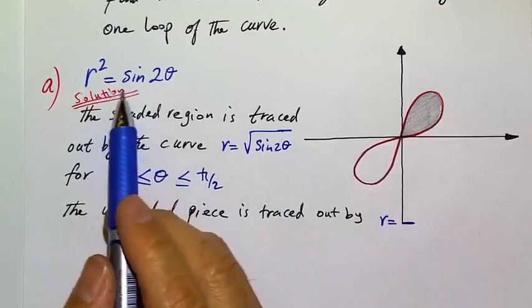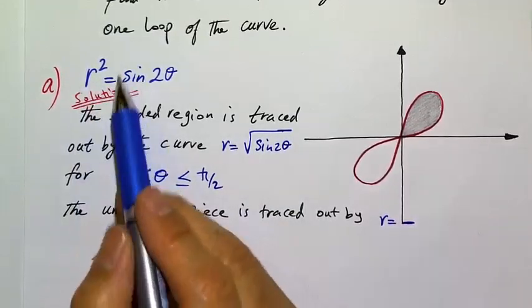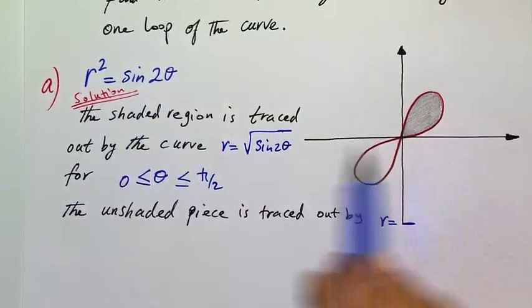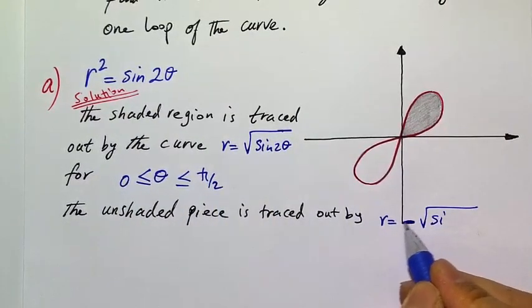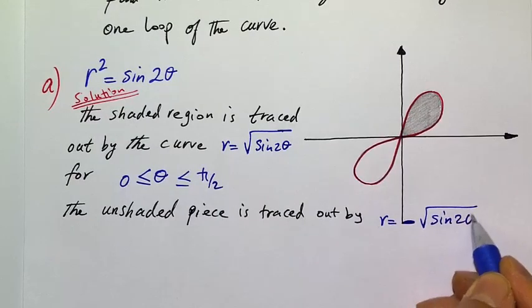Because if we take the square root of both sides, we get plus or minus. So we're interested only in the positive. Minus sine 2 theta.